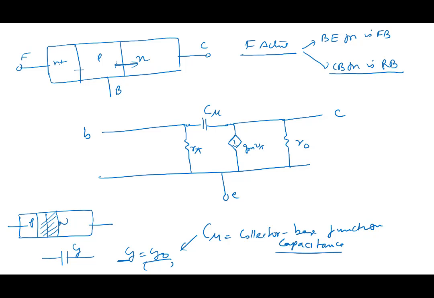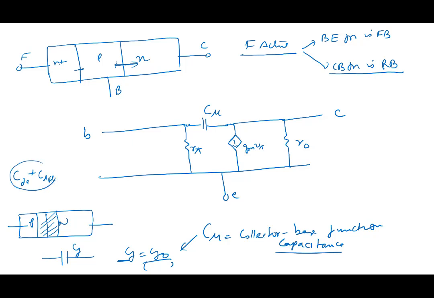Now let's look at the base emitter junction. Base emitter junction is also forward biased. It also has capacitances. How many capacitances does it have? Forward bias junction? Junction plus diffusion, right? Both these capacitances. So base emitter junction will have a junction capacitance, CJE, plus a diffusion capacitance, C diffusion, right?